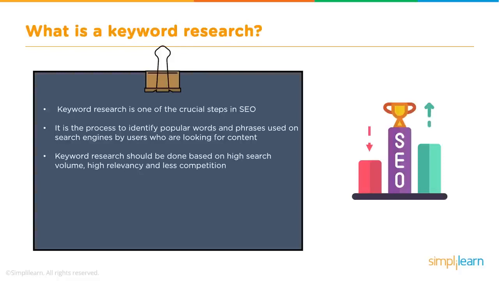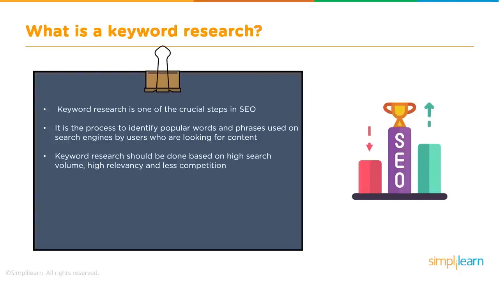So keyword research should be done based on 2 factors, really. It's based on the factor of how much traffic or volume a particular search engine query has, and it's based on competition. And really, the underlying factor here is that all keywords in your keyword research should be relevant.